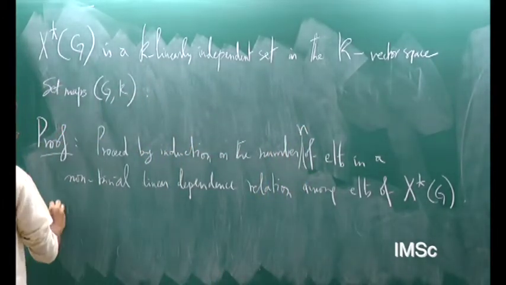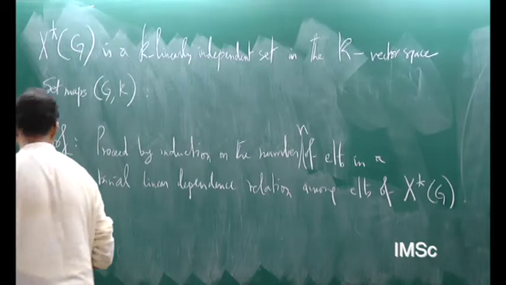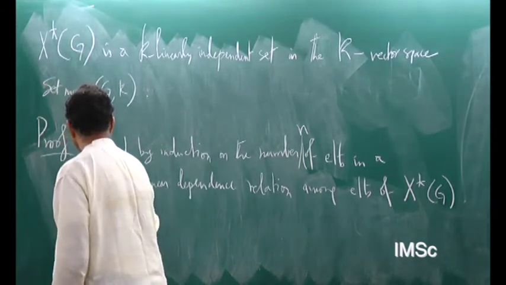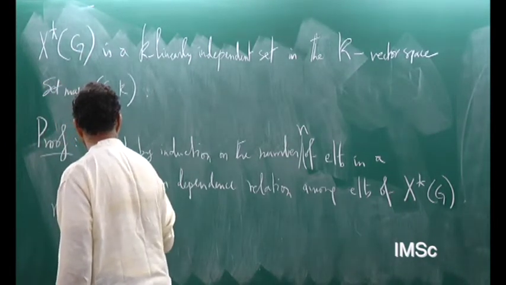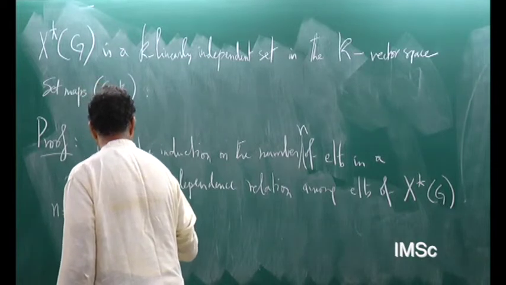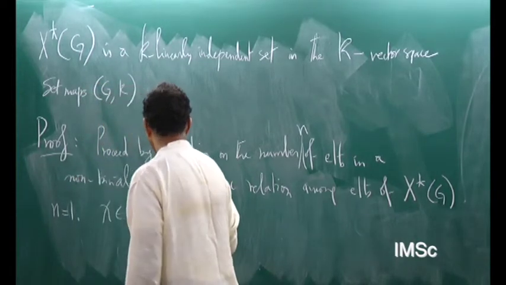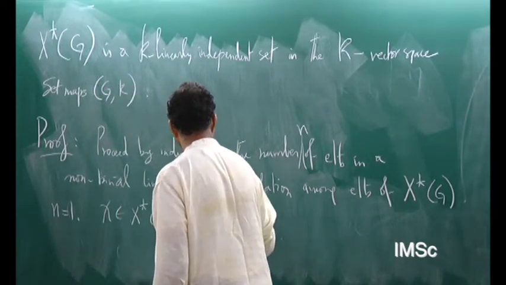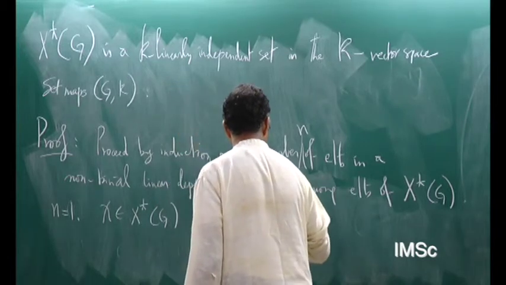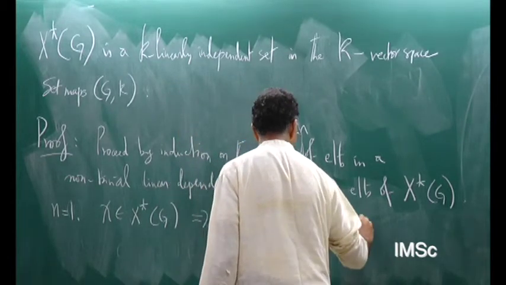So if n equals 1, all I have to say is that if chi is in X star G, then chi is non-zero, because chi of 1 is 1, for example.